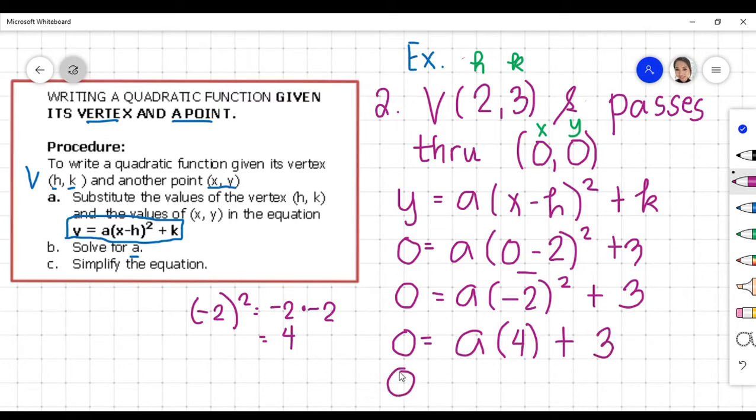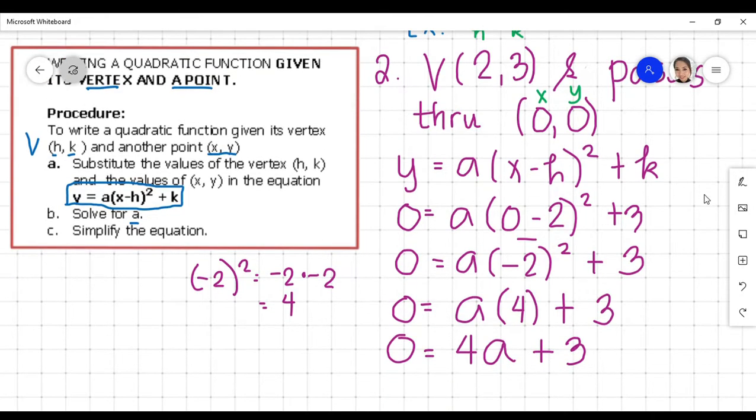So 0 equals a times 4. Yung right way na pag-write nito, dapat mauna yung 4 at saka a. So wala na yung parentheses because pag magkatabi yung number at saka variable, it's understood na the operation between them is multiplication. So 4a plus 3.